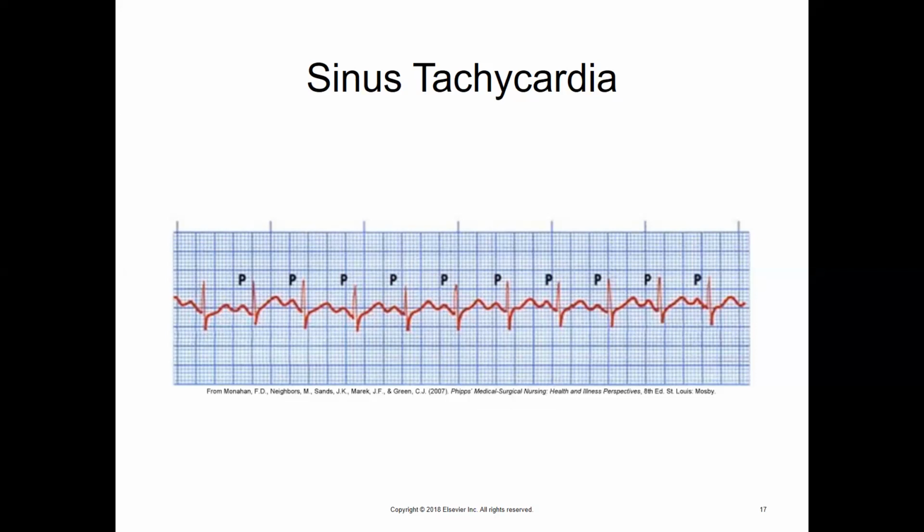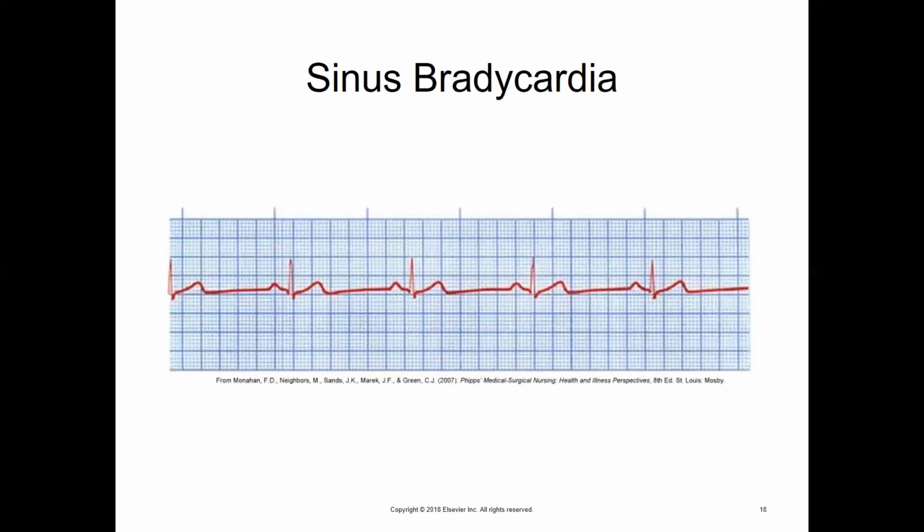Treatment for sinus tach, there's really not any treatment. If it's medication, you would want to either stop the medication or maybe have the doctor switch it to something else. Obviously, if it's physical activity, you would stop that activity. You would just kind of treat the underlying cause. There's no real treatment for sinus tachycardia. Now, sinus bradycardia is a heart rate that is 40 beats per minute.